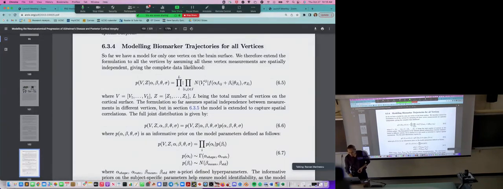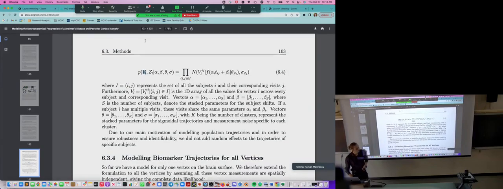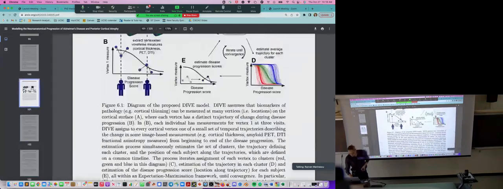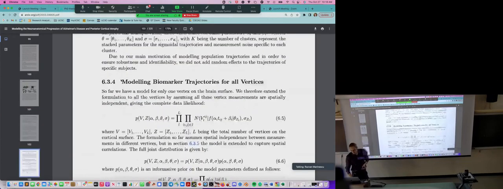And then we extended this model to all the vertices, all the locations on the brain, because so far we were talking about only one location, L, on the brain. If we go back to the diagram, here we're talking about only one location. We extended to all the locations.